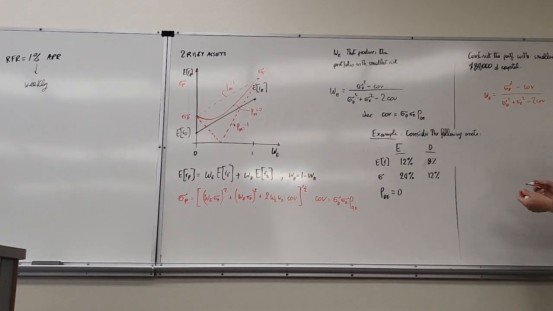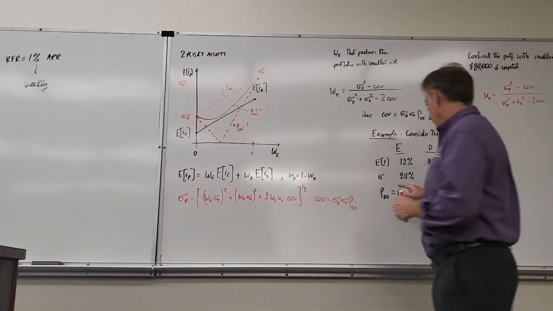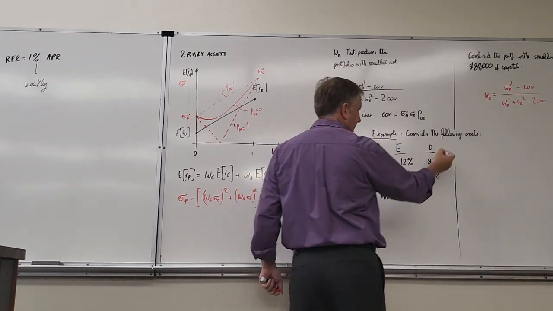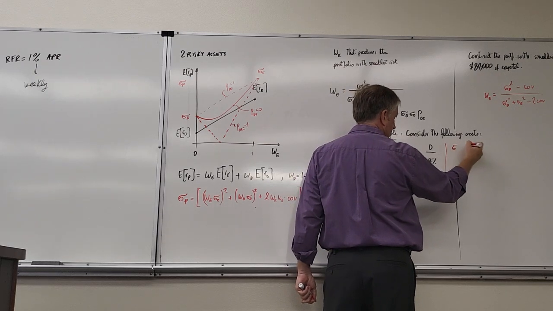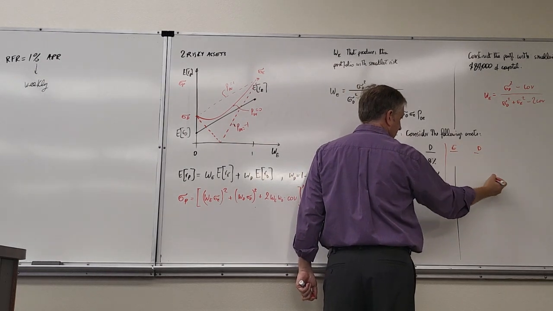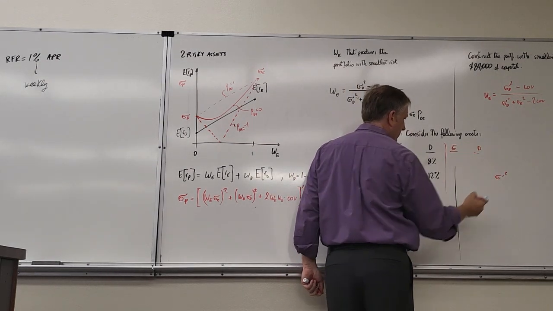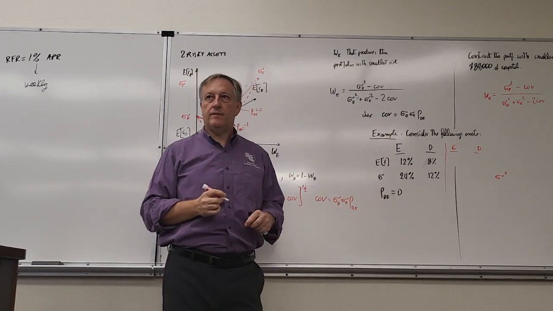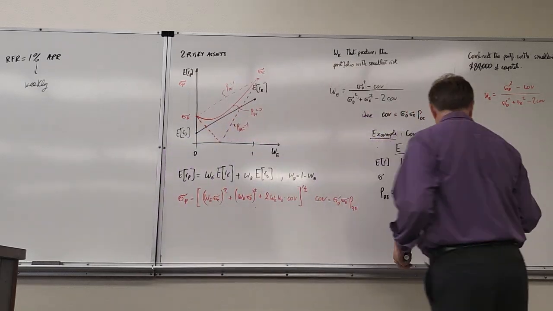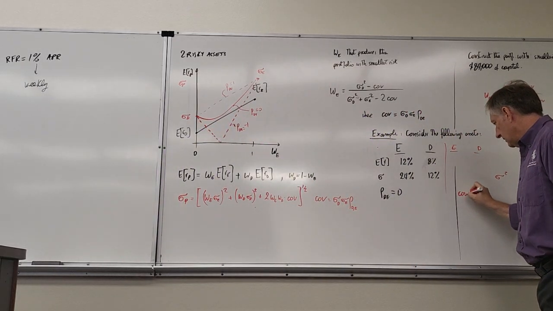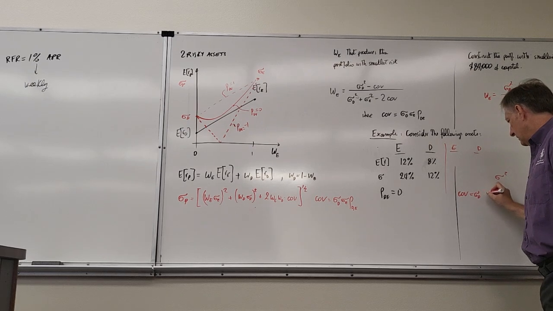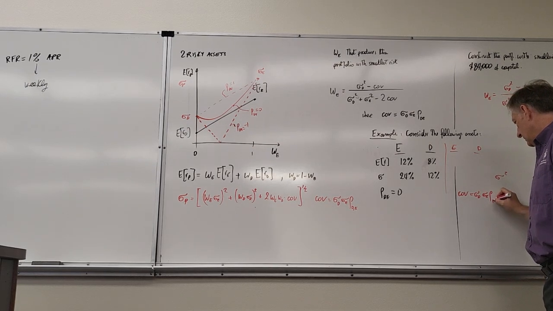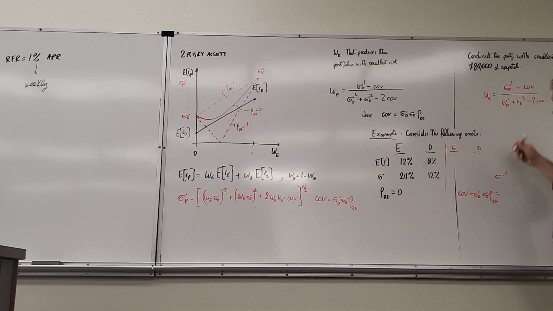The easiest way to do this is directly from the table: calculate the values for sigma squared and put them in there, and then calculate the covariance, so that you can substitute numbers more easily.